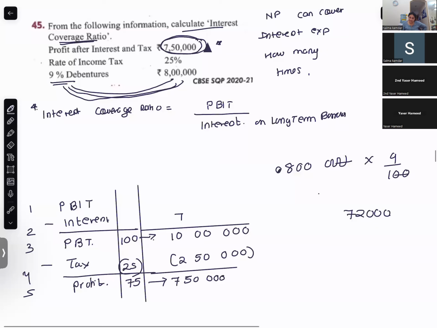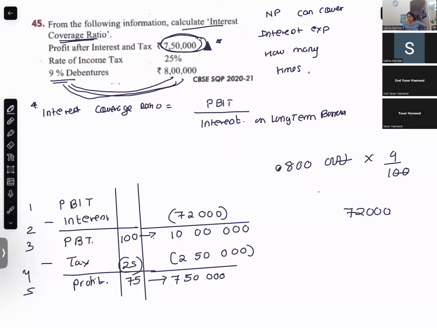So interest is 72,000. So can you give me profit before interest and tax? From down to up, if you're going to add it. So this is 10,72,000. So my profit before interest and tax is 10,72,000 and interest on long-term borrowings is 72,000.